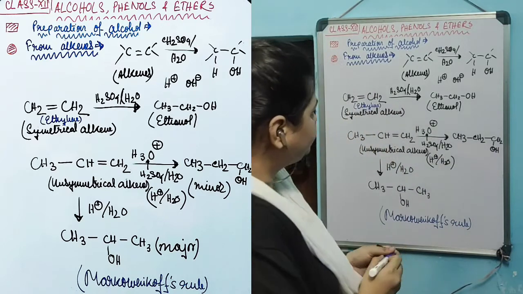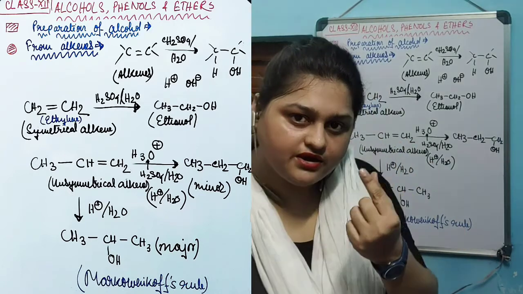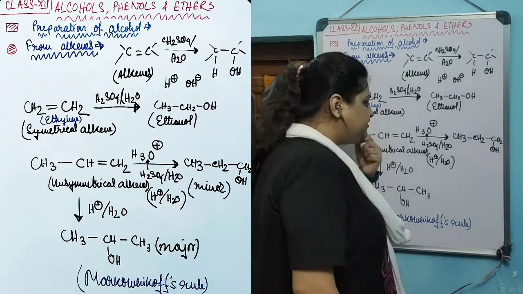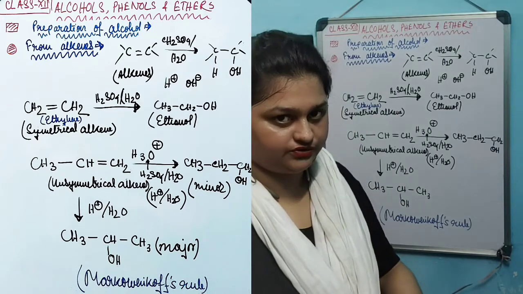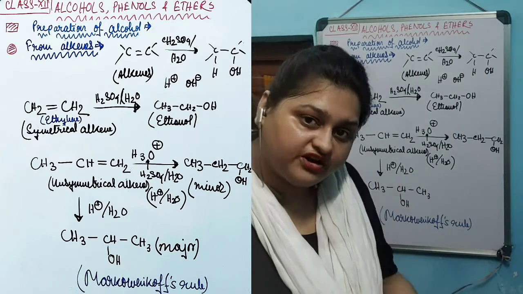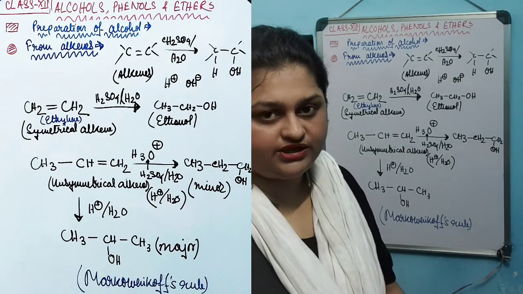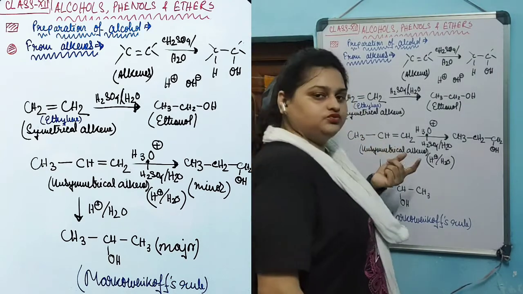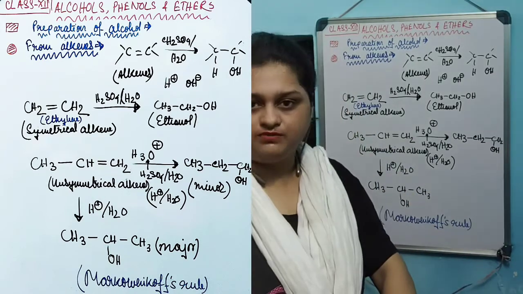Which is saying that the negative part of the reagent will preferentially add to that double bonded carbon which has a lesser number of hydrogens. Out of these two double bonded carbons, the middle carbon has fewer hydrogens.